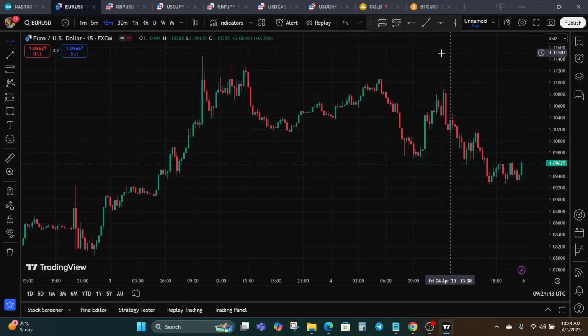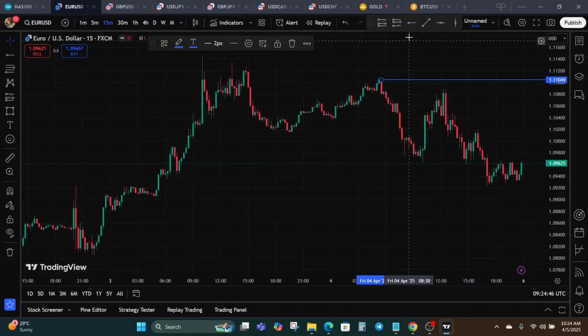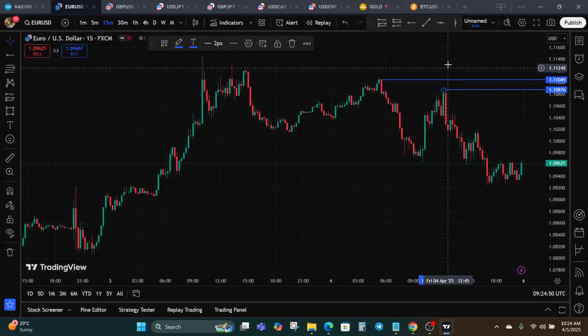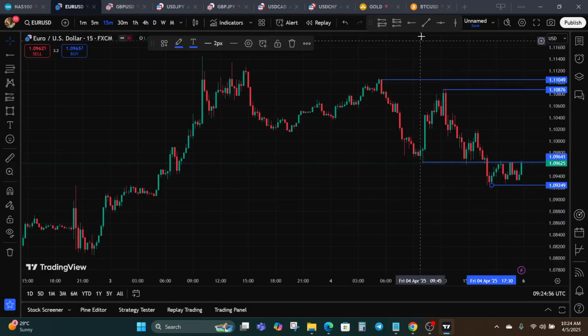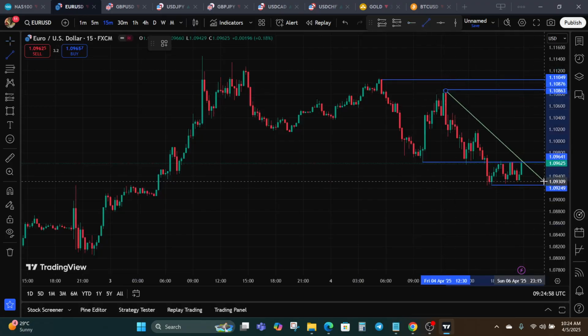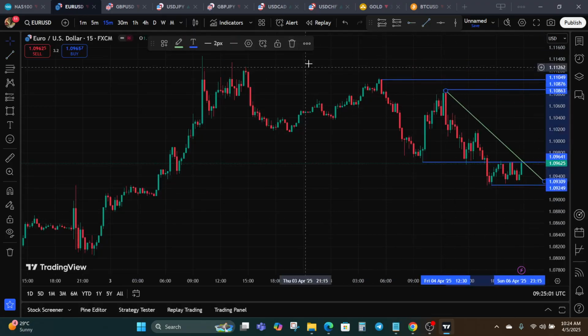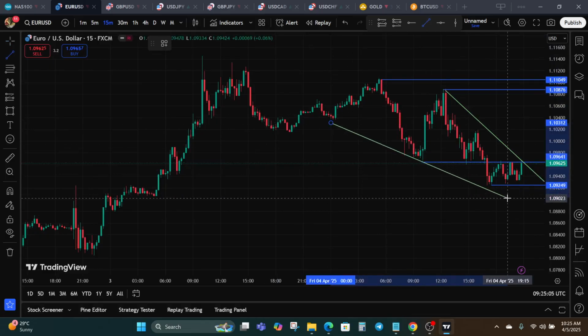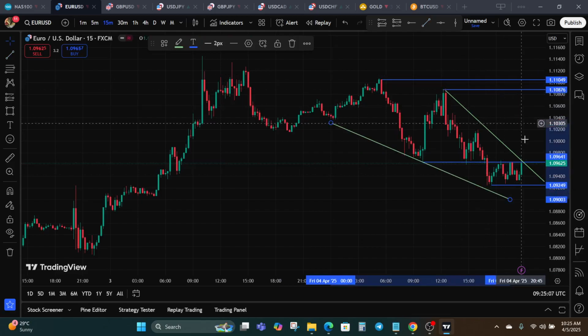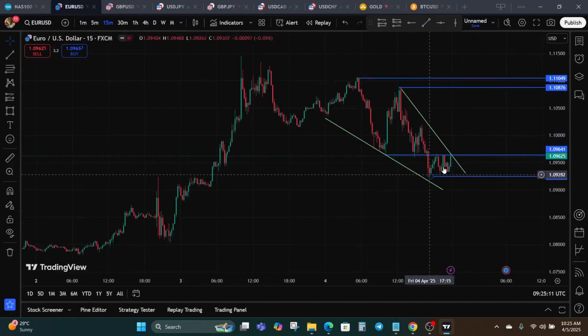You can use swing highs and lows to determine whether the market is trending or ranging. Currently we seem to have a bearish trending market on the 15-minute chart at the time.